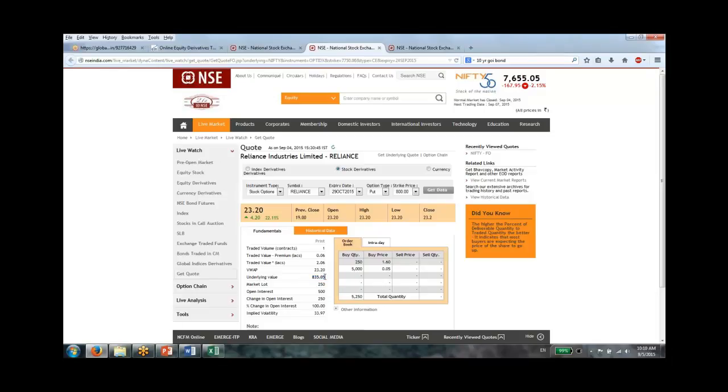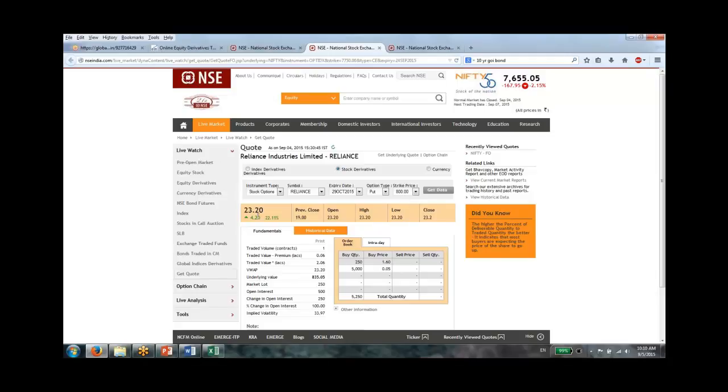Now, but you are a little concerned that the Reliance share could also fall. The price of the shares could fall, and you want to protect yourself on the downside. To protect yourself on the downside, what you could do is go and buy a put option with a strike price of 800, and you pay 23.20 for that.